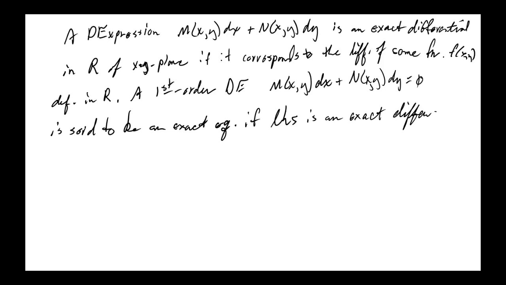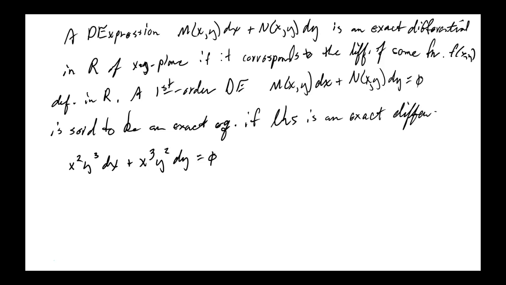Now, here's a couple more examples. Not an example to work on, but just an example. x squared y cubed dx plus x cubed y squared dy equals 0 is an exact equation. This one you can almost look at and tell. Looks like this has had one derivative taken, doesn't it?